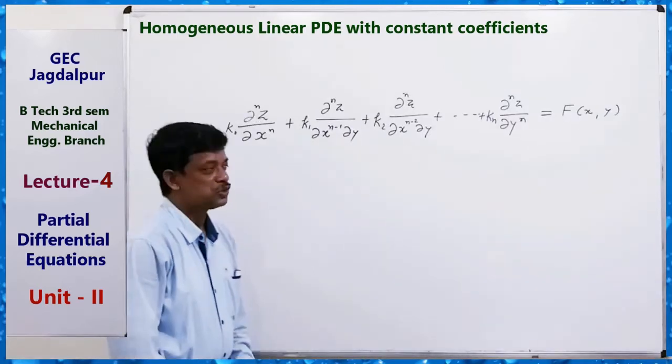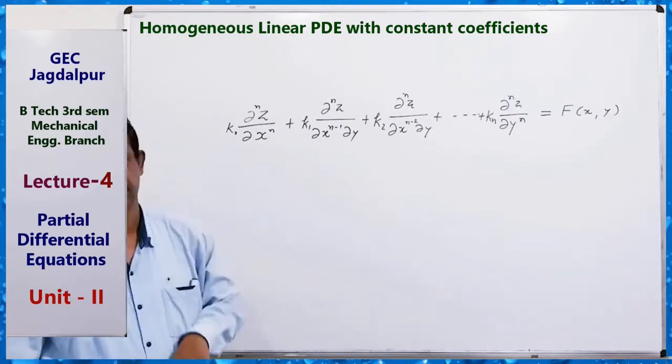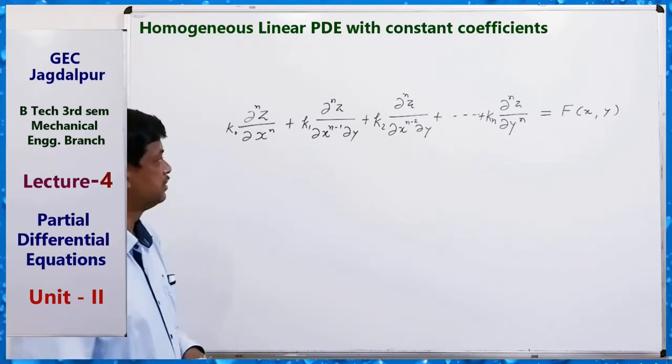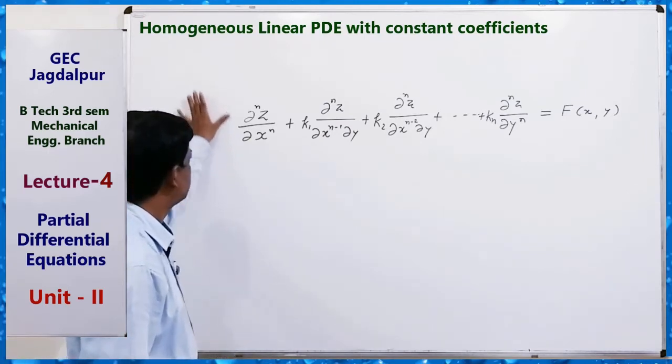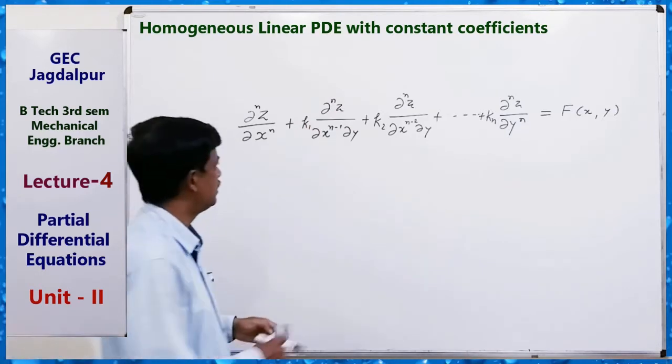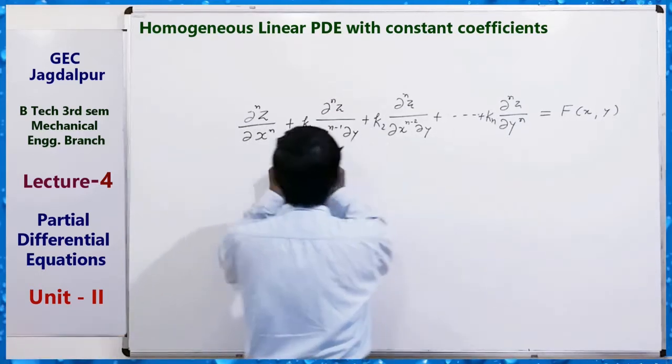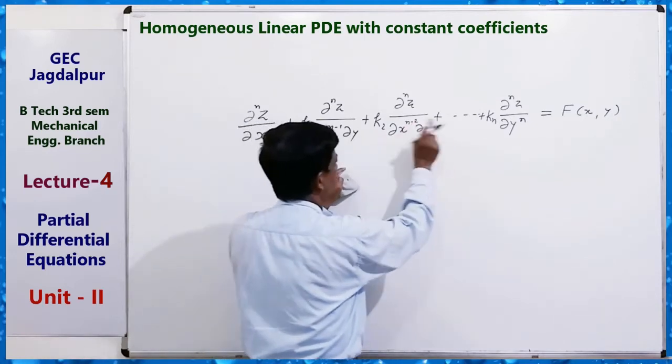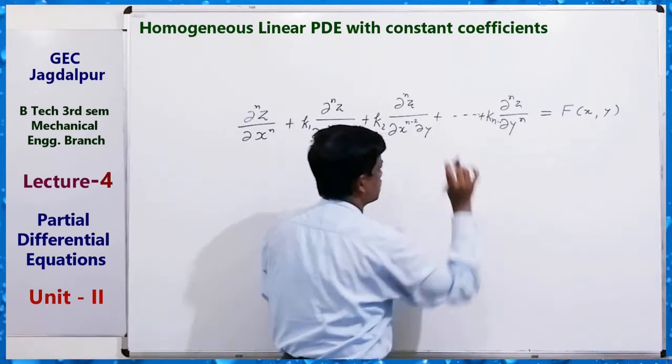Clear? So each term contains derivatives of the same order. This type of equation you can write. So n minus 1 constants are there.